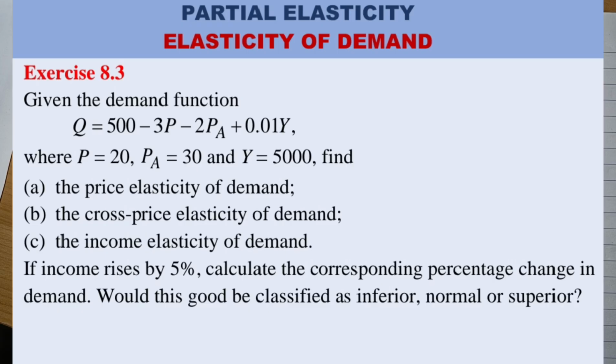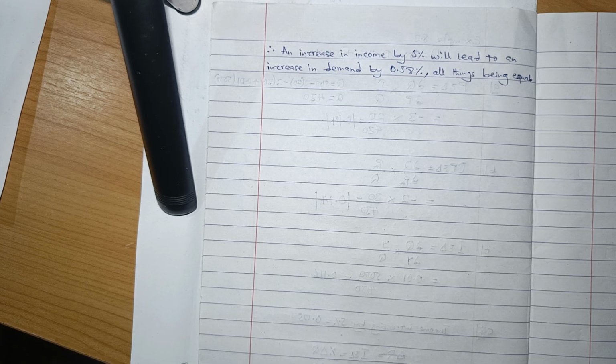And the last part says that what? Would this good be classified as inferior or normal? Sorry, would this good be classified as inferior, normal, or superior? Okay, so I have already said the answer already. I told you that if it is what? Positive, then it's a normal good.